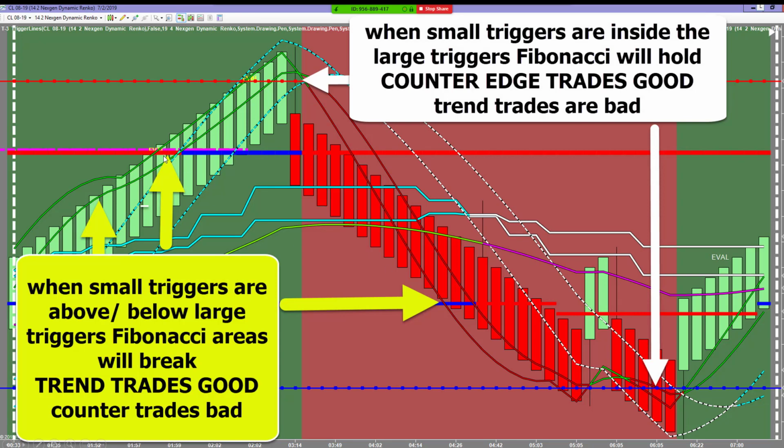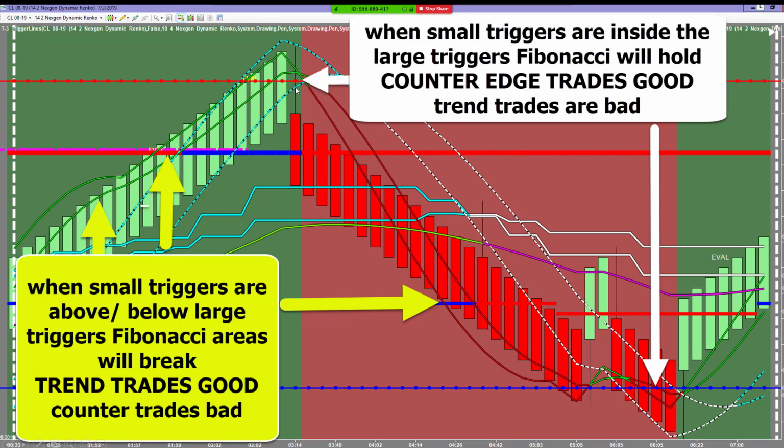Here's what we got. We have Fibonacci resistance, okay? And watch how simple this is. If the triggers are physically above the other triggers, Fibonacci resistance will not hold. When the small triggers are inside of the other triggers and you're at Fibonacci resistance, it will hold.